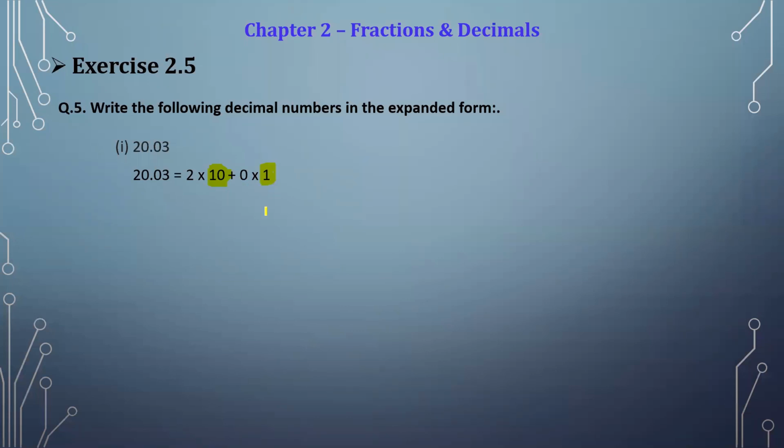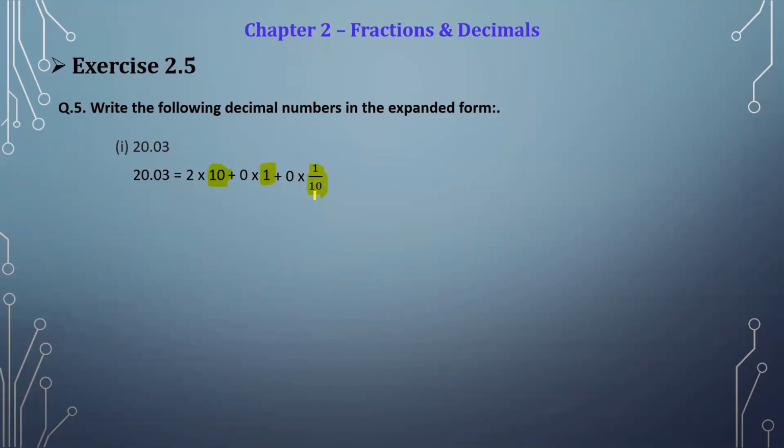Then ignore the decimal point. After the decimal point, the next number is 0. Now that 0 is present at tenth place, that means 1 upon 10. So that 0 is going to be multiplied by 1 upon 10.